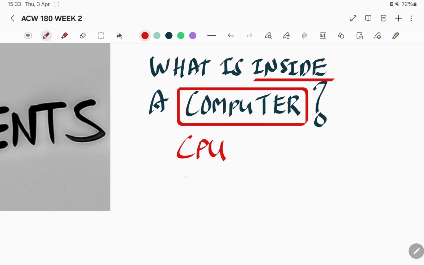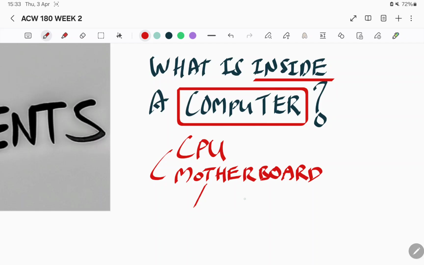This CPU is usually attached to the motherboard, and the motherboard is attached to the RAM, random access memory, and the storage.